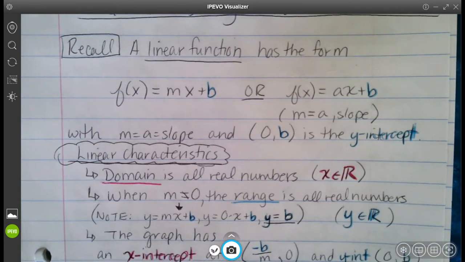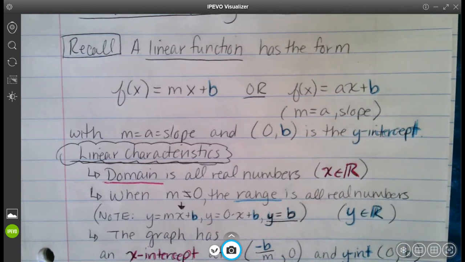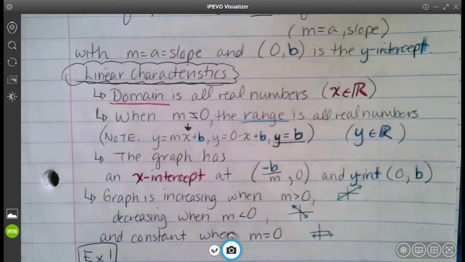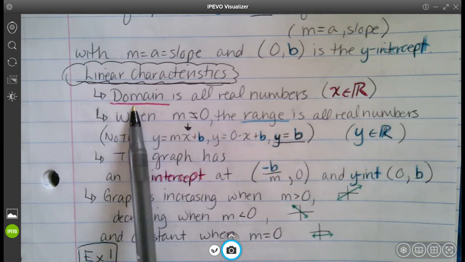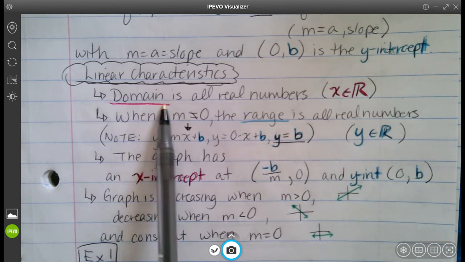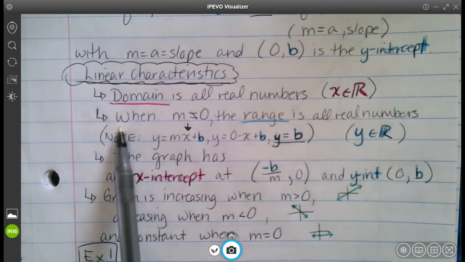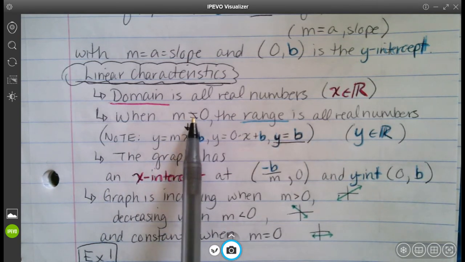The characteristics of this function, remember this is our parent function, f of x is equal to x in general, and I'll talk about that in a bit, is that the domain is all real numbers, meaning every number is going to be accounted for. And the range is all real numbers as long as your slope is not equal to 0.